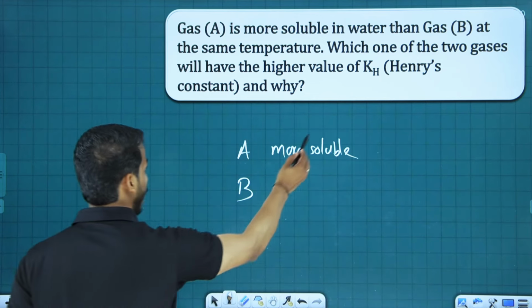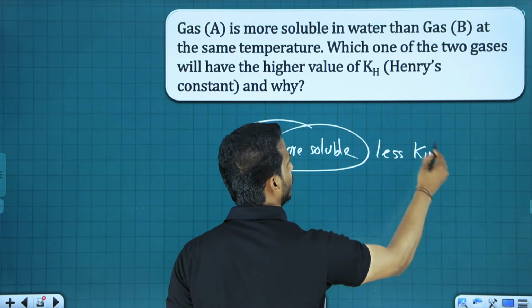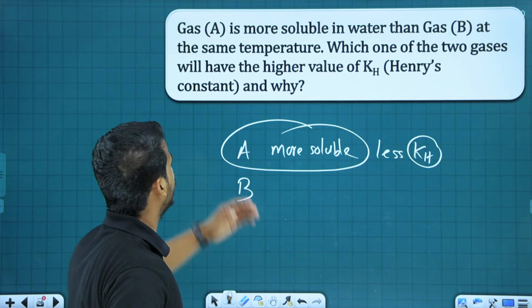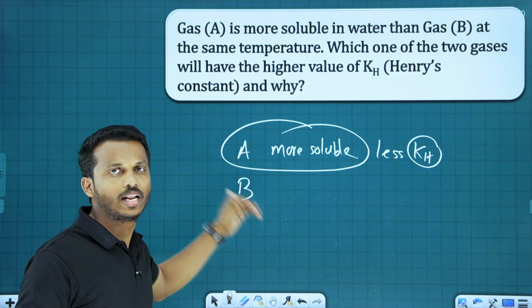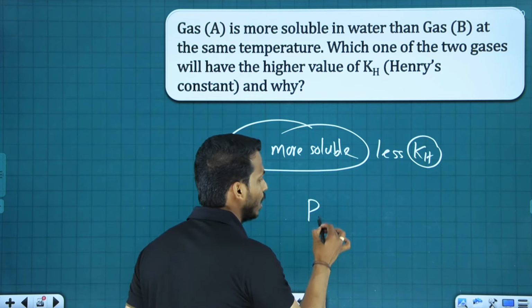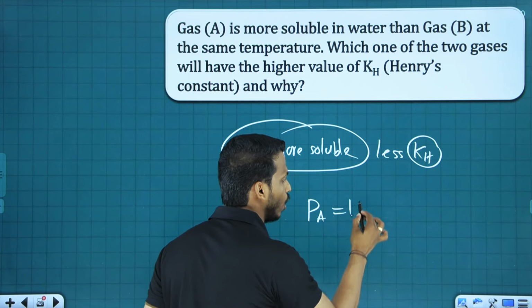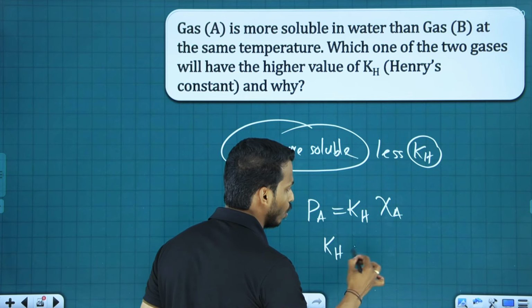So A being more soluble means a lower KH value. Keep that in mind. So which one of the two gases will have the highest value? B, because it has less solubility. And why, we already discussed. Partial pressure of a gas is equal to KH into chi A. From this, KH is equal to what?